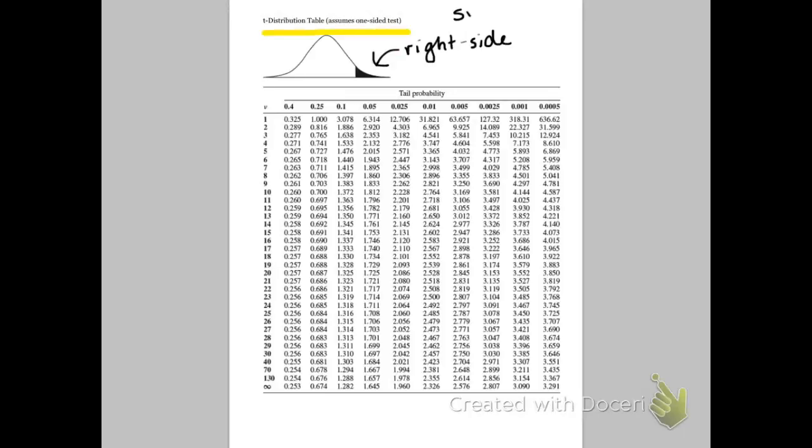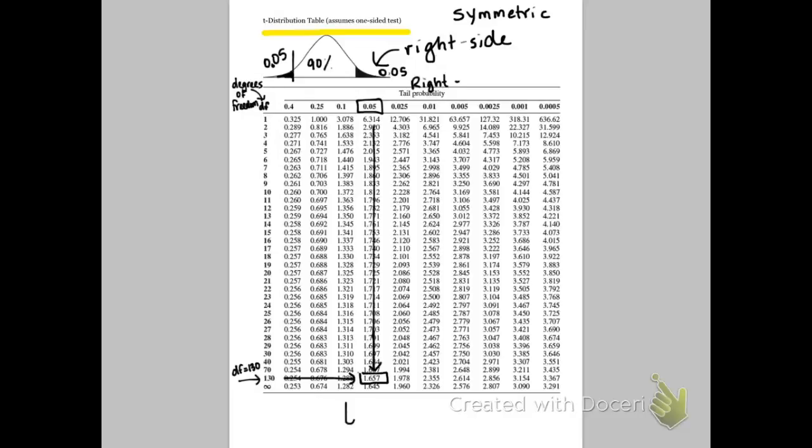If you are using the t chart, then we need degrees of freedom. Degrees of freedom was 130, so we go down to the row of degrees of freedom equals 130. Now we're doing area right, so we go to the column of 0.05.